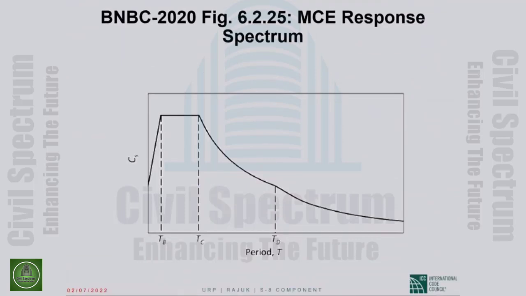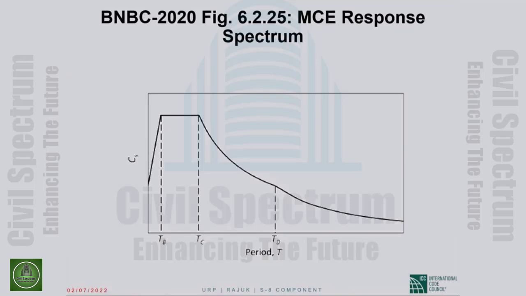This is the BNBC spectrum. On the y-axis is C sub S, which is pretty close to the S sub A, and I will make it very specific as we go. Between S sub A and C sub S, the way ASCE 7 and BNBC use these two notations, it's quite confusing.